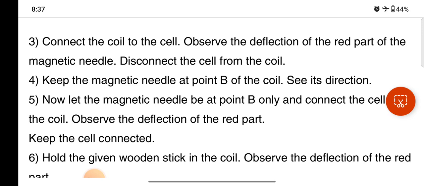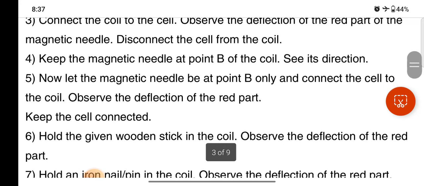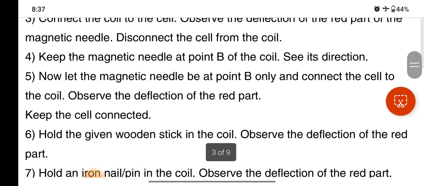Disconnect the cell from the coil. Number 4, keep the magnetic needle at point B on the coil. See its direction. Fifth, now let the magnetic needle be at point B only and connect the cell to the coil. Observe the direction of the red part.